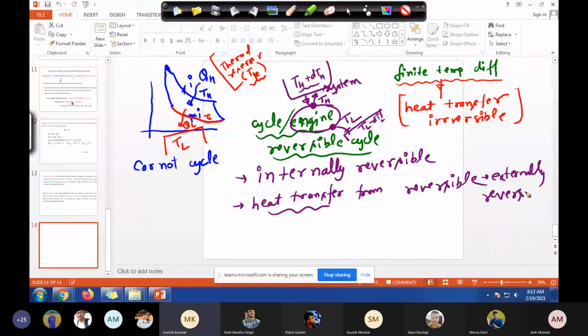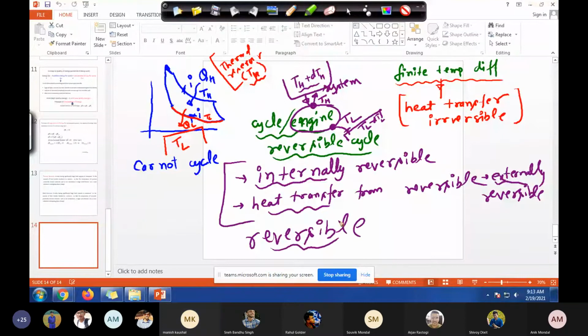So the Carnot cycle in contact with two thermal reservoirs whose temperatures are roughly equal to TH and TL is reversible both ways, internally and externally, and hence in total it is reversible. That is example number 1. Here both things are reversible. Okay, let's go to another example.